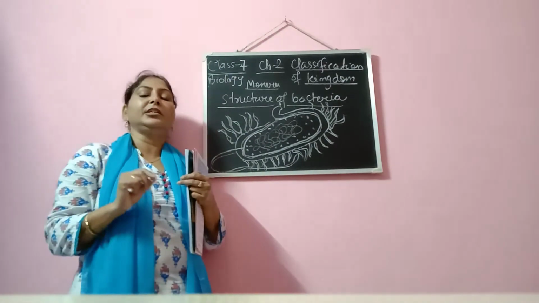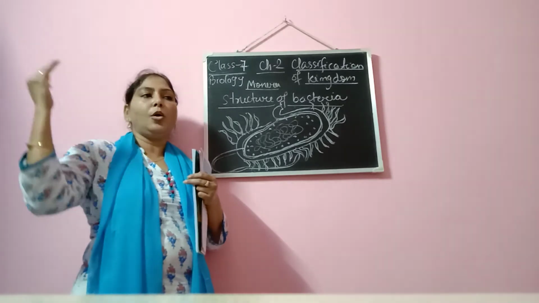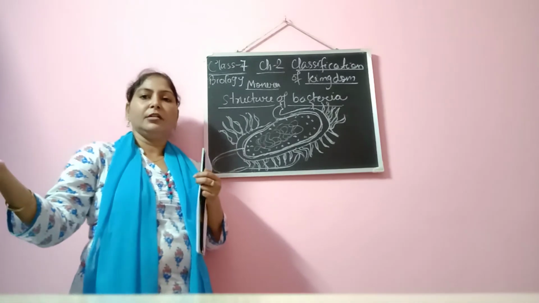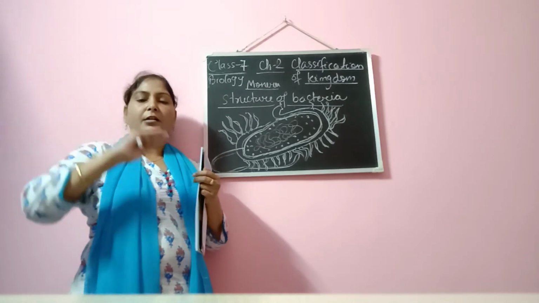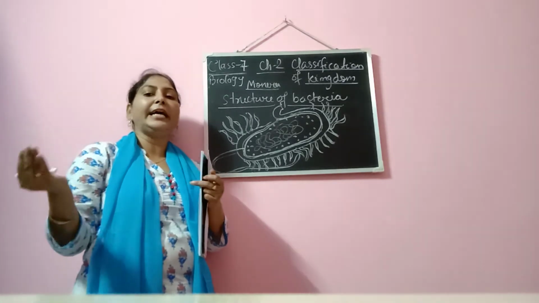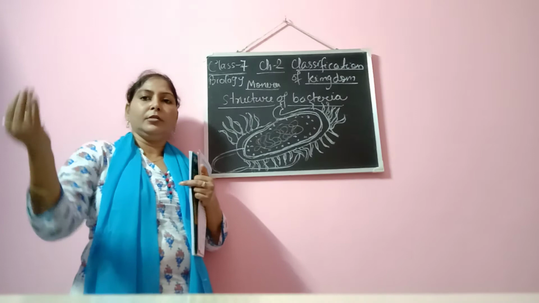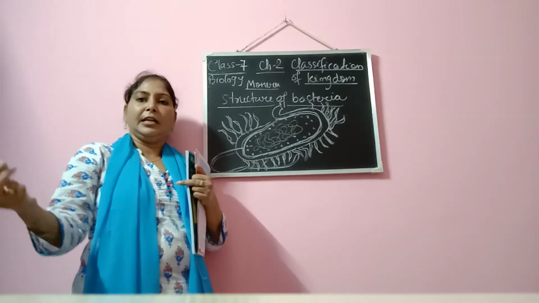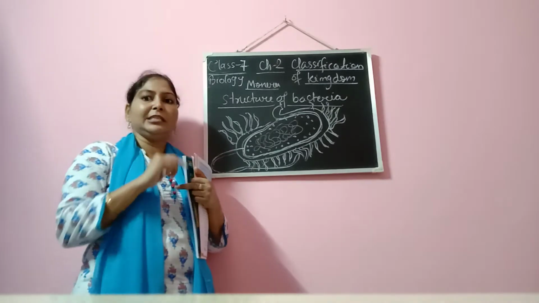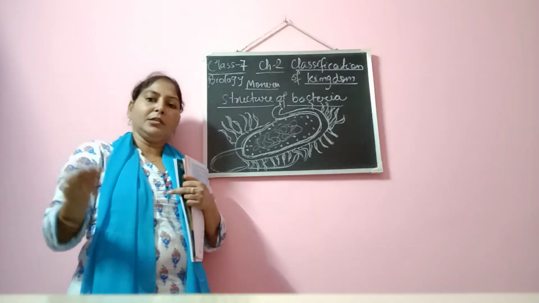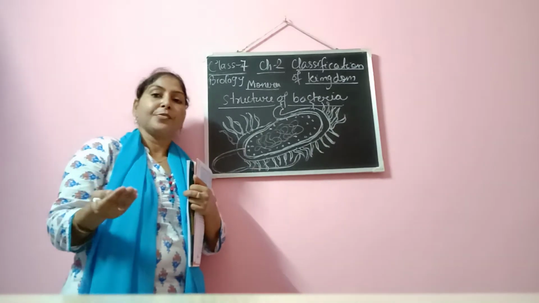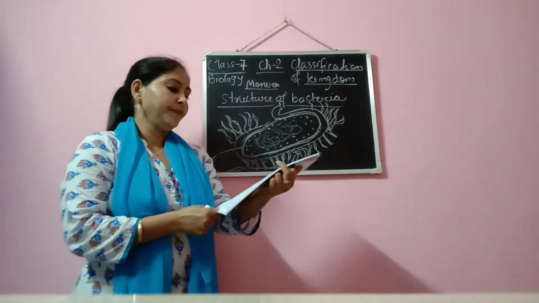Then she leaves it through the night, or maybe for certain hours, in a corner where there will be no light, and in a slightly warmer place. If you keep it inside the fridge, it will not happen, because bacteria grow at a certain temperature. Okay, so that's how the bacteria are growing.